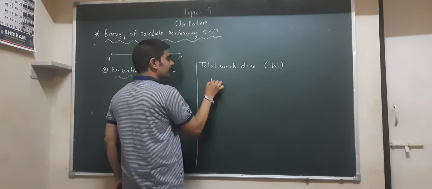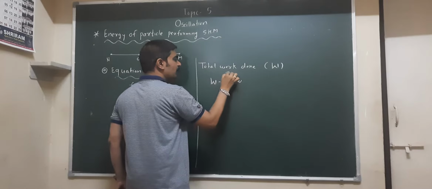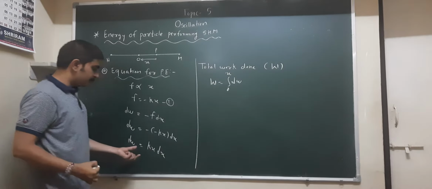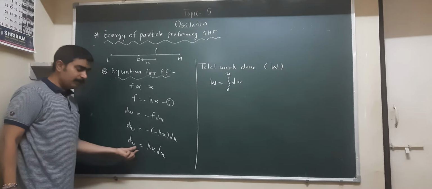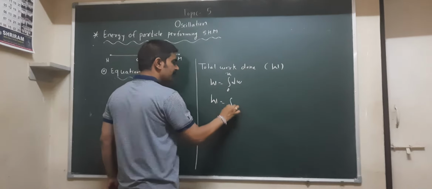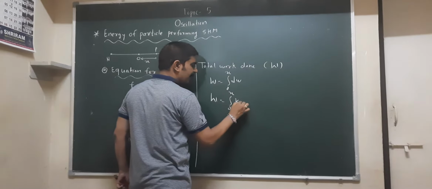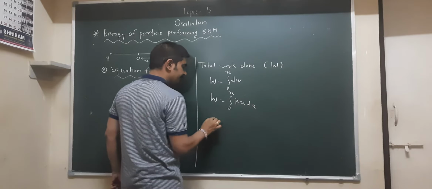The total work done is equal to the integration of dW from 0 to x. So substitute the value of dW. Work done is equal to the integration from 0 to x of kx dx.